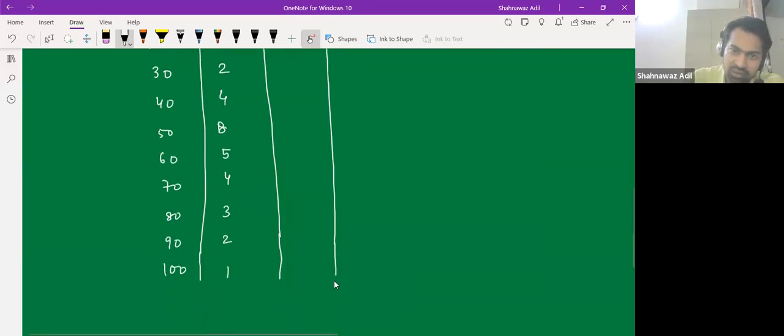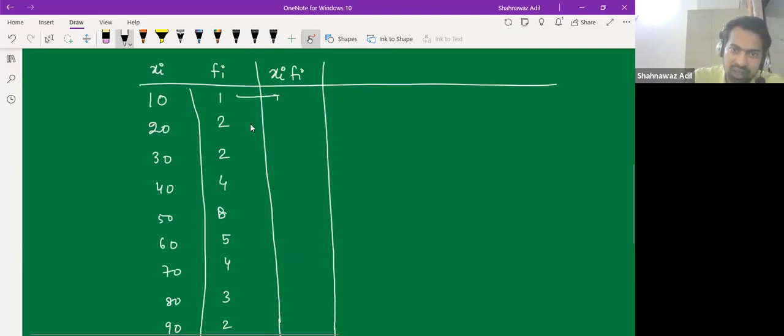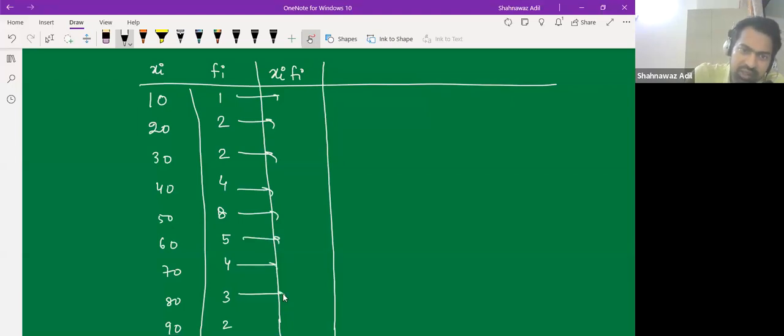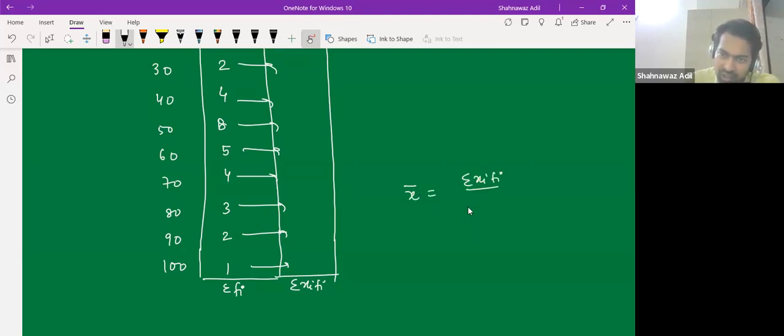You have to take the product of these, add them all, and calculate the total product and the total fi. To calculate the mean, you do the sum of xi fi divided by the sum of fi.